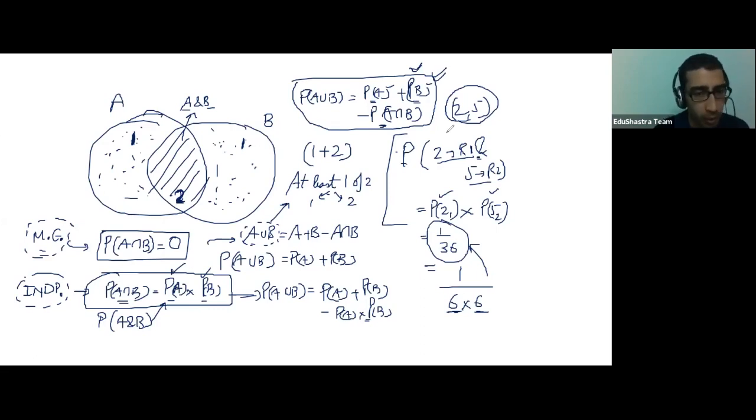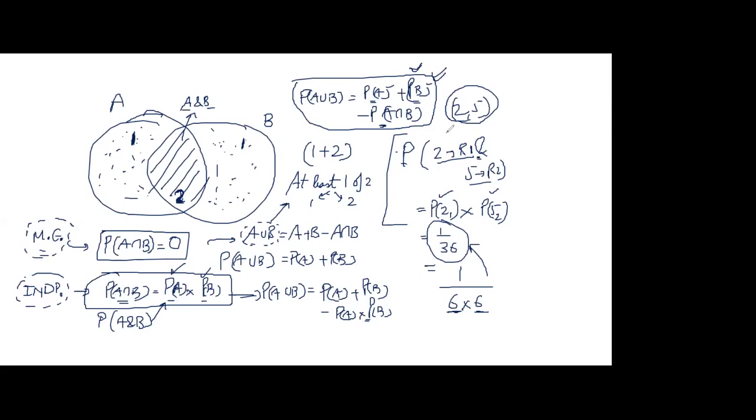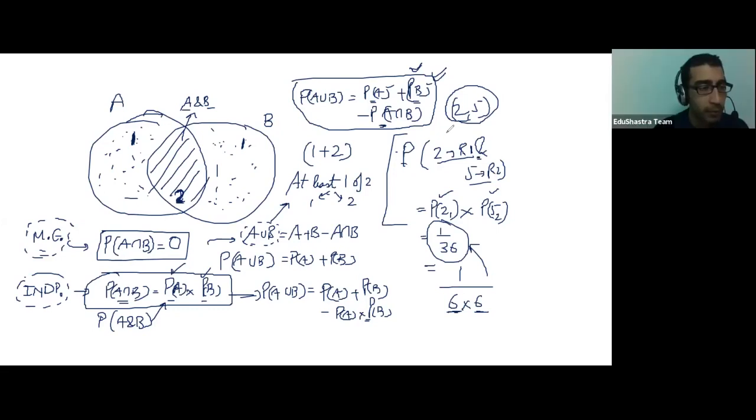Absolutely union, yeah. But that will be getting 2 or 5 on the first roll itself, then there is no second roll. I am assuming, considering the example we have taken, just one roll of dice.